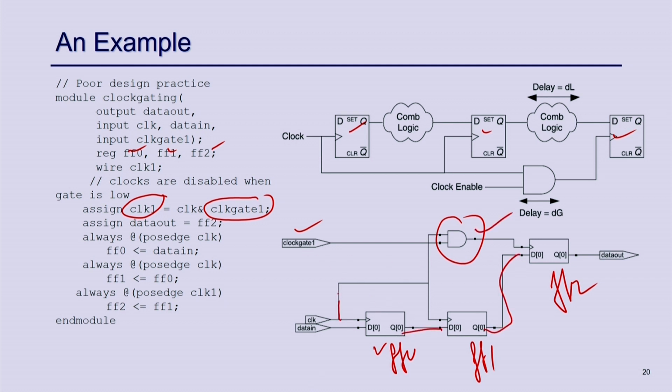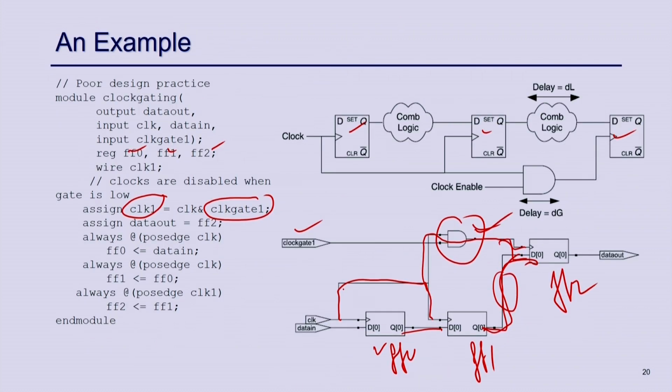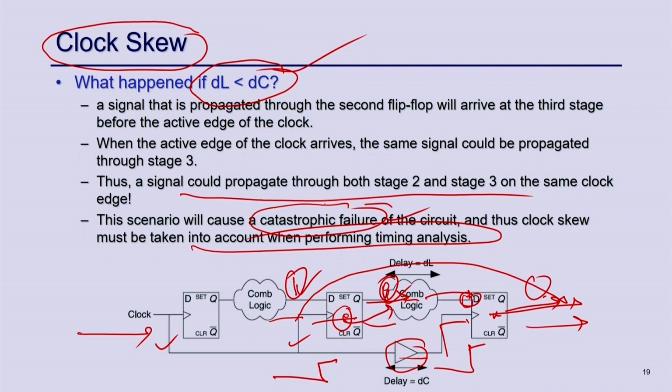The clock comes here and goes through this AND gate before it reaches there, but the data will come immediately here. So there is a delay in the clock path and no delay in the combinational path, which reflects this scenario. In this scenario, you might reach this problem.